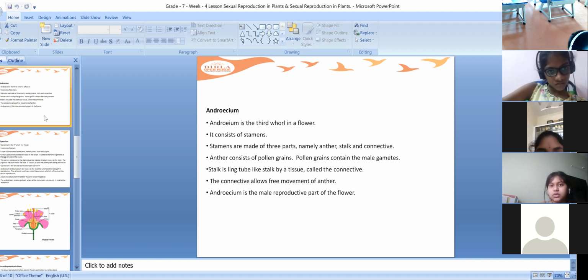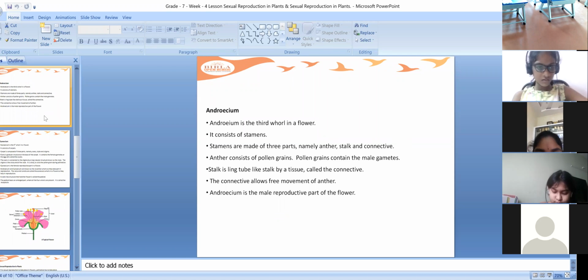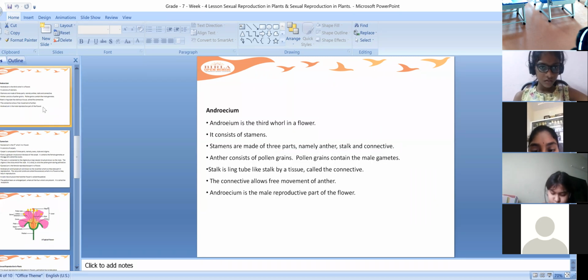This connective tissue allows the free movement of the anther. It is nothing but the stalk, which you can also call the filament. So it is attached here.